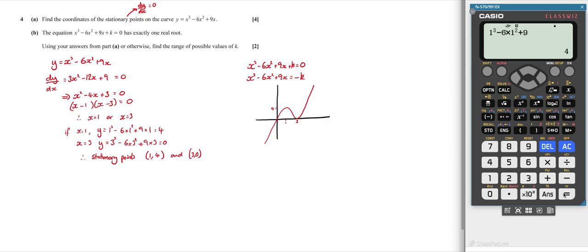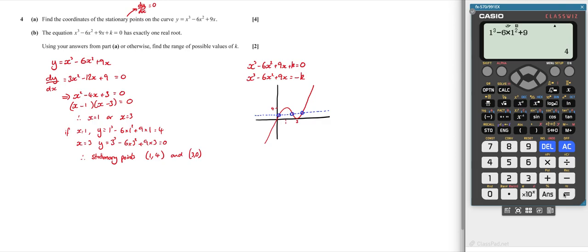Right, so we have got this. What we were saying is if we were to draw a horizontal line across, the number of intersections would give me the number of roots of the equation in the question. So for example, if I was to draw my horizontal line across here, like that, you can see I'm going to get 1, 2, 3 solutions to the equation, so that would have 3 real roots here.